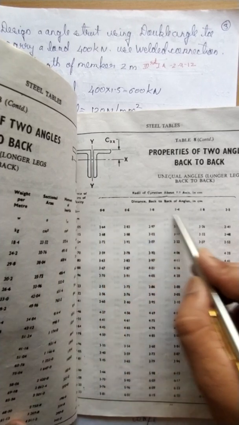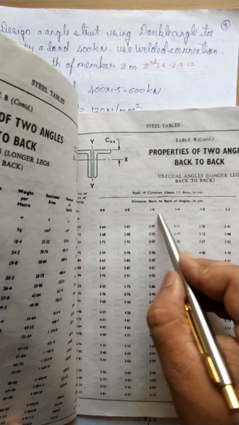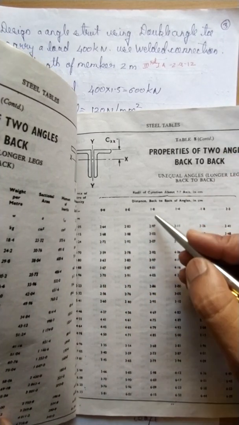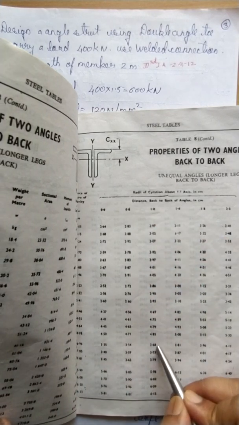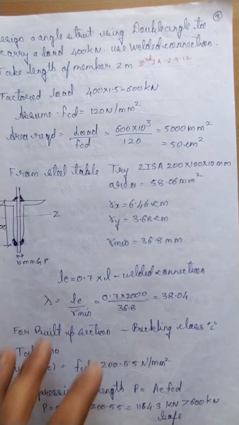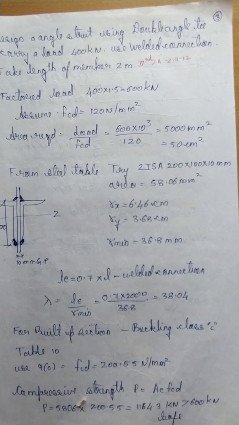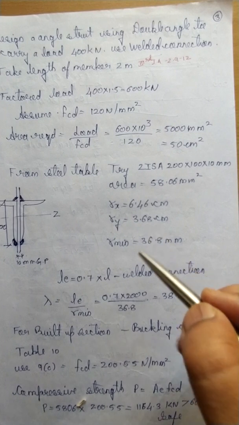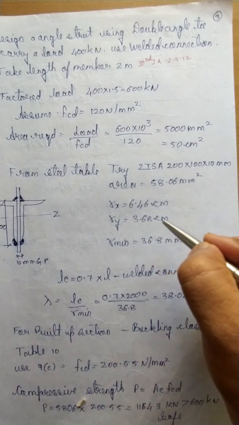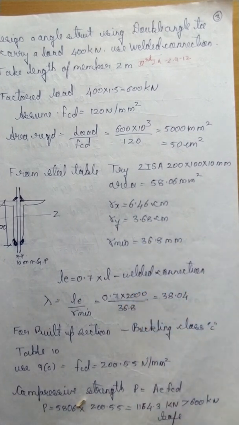So there is a gap distance, so back to back angle. So let us take 10 mm gusset plate. So 10 mm means 1 centimeter. So for this it is working out to be 3.68. So I have noted down here 6.46 centimeter and 3.68. Least is this component, so R minimum is 36.8 mm.